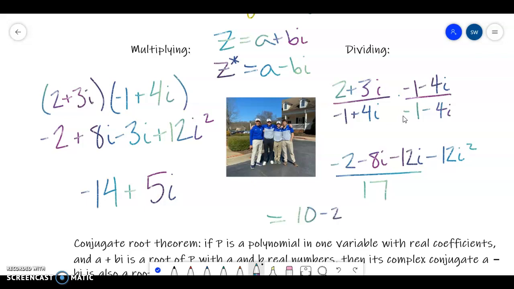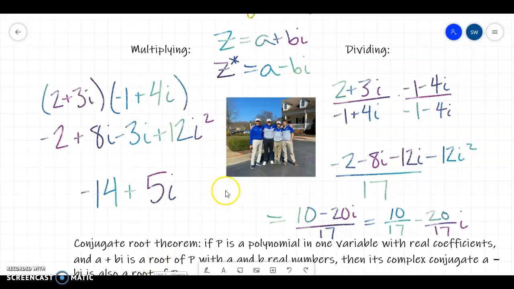And then minus 20i over 17. And it's a good habit when we write complex numbers, you're not done until you've split it into real and imaginary parts. So we would write this as 10/17 minus 20/17 i. So that's how we divide. Cool. Again, you've seen this before.